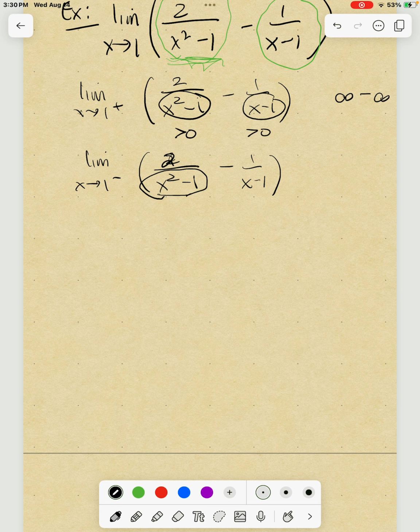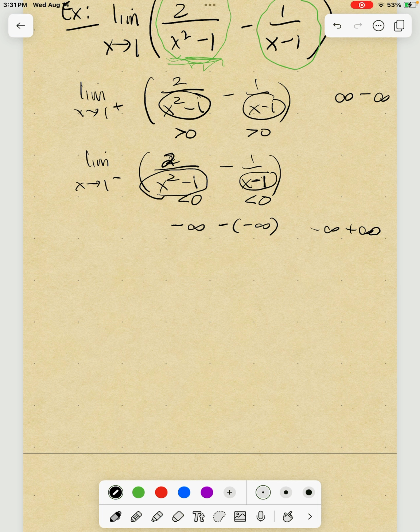So this is going to be less than 0, and this quotient is going to approach minus infinity. And since x is slightly less than 1, x minus 1 is also negative. And 1 over a negative number is negative, so you have something approaching minus infinity, and you get this minus infinity plus infinity indeterminate form, right?